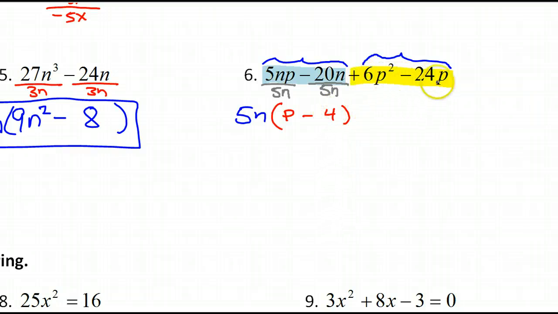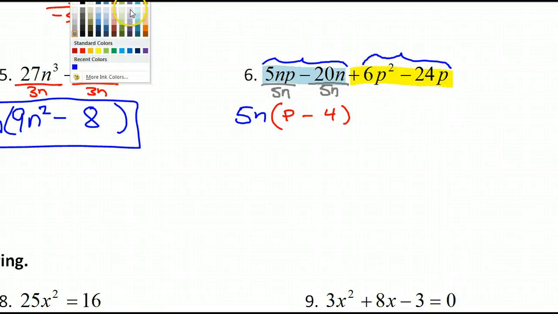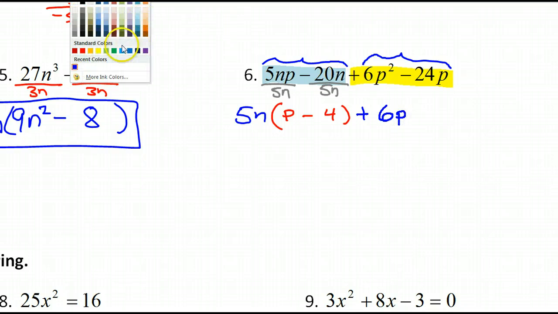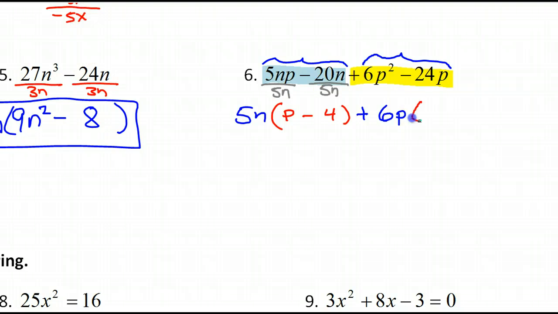Now, looking at the yellow group, what's common? Well, both of these are divisible by 6, and they both have a p. So I'm going to pull out 6p, so plus 6p. Now let's see what that leaves behind. For grouping to work, it has to be the same as the previous parentheses.